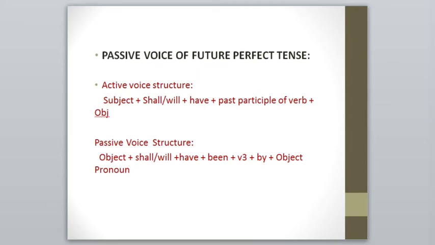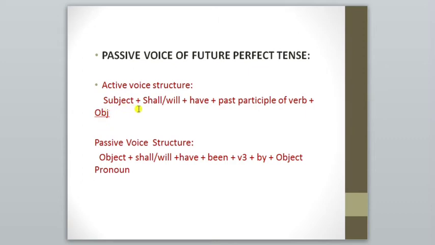Passive voice of future perfect tense. Active voice structure is written subject plus shall oblique will plus have plus past participle of verb plus object.